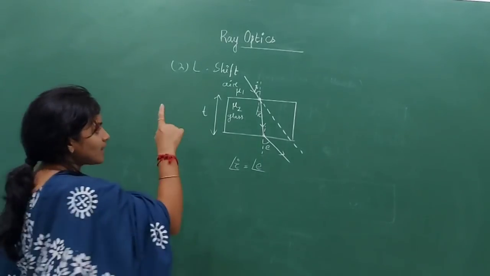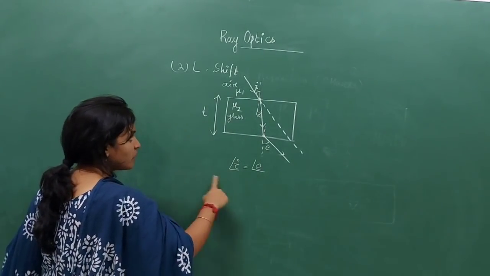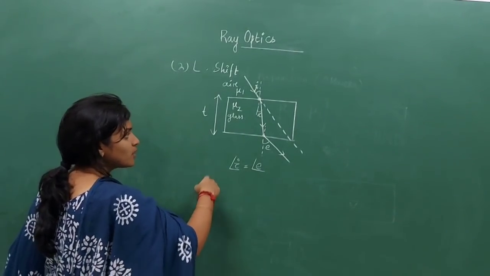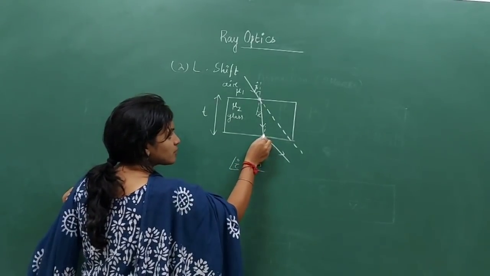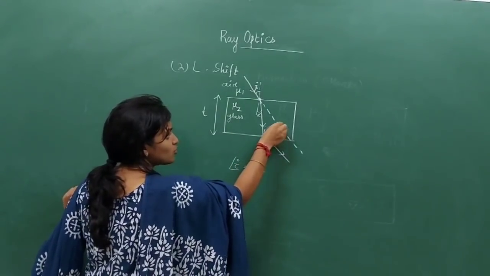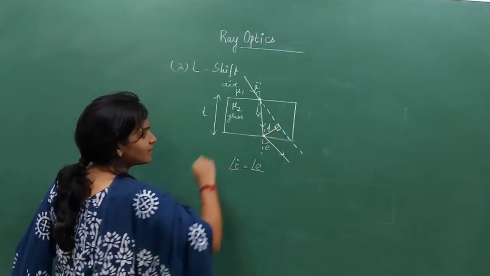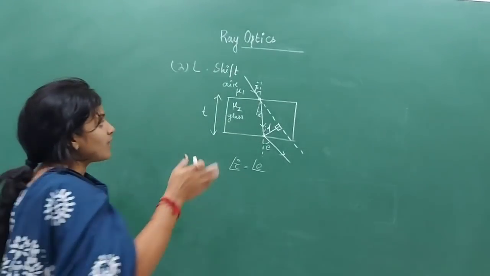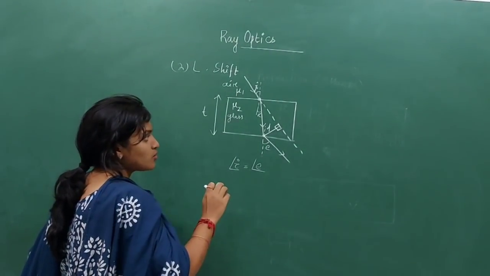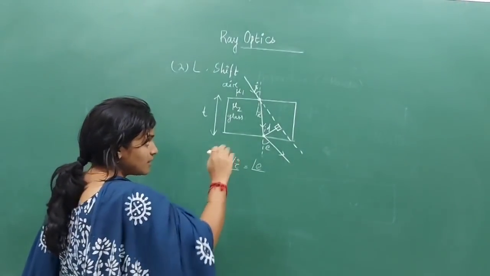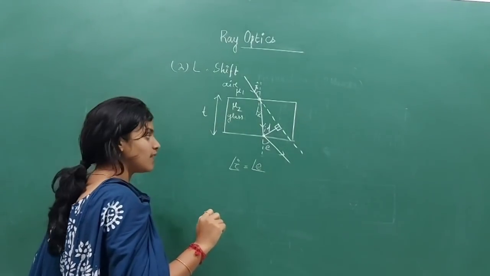Now for the lateral shift, I am not deriving the formula, but lateral shift is the perpendicular distance between these two, the incident and emergent ray. This shifting of light, while a ray of light emerges after crossing a glass slab, is known as lateral shift of light.